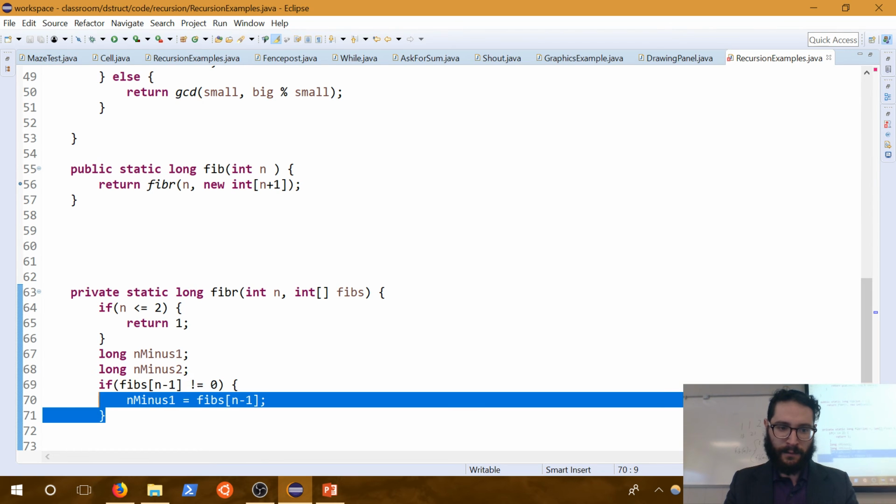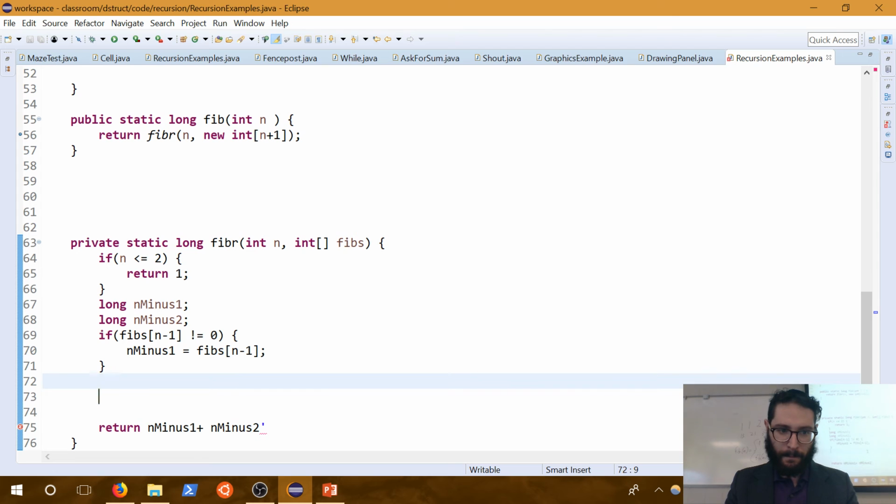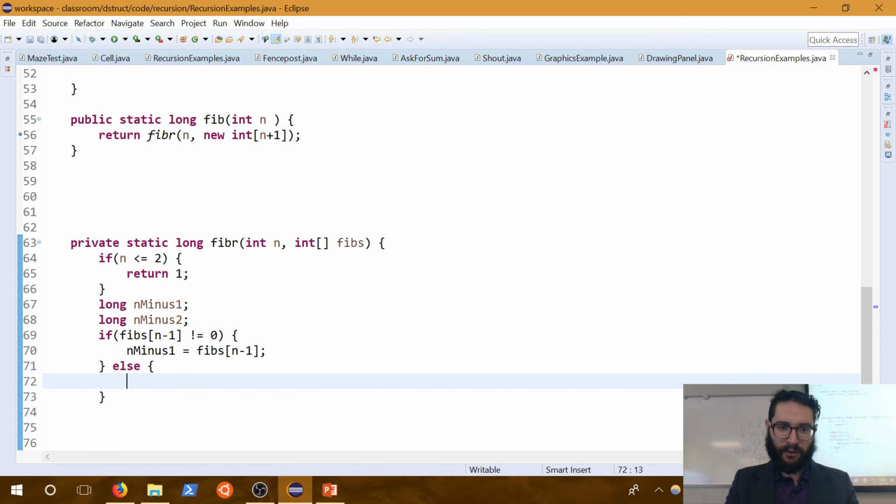Otherwise, else we actually have to calculate it. So we're going to say n minus 1 is equal to fib of n minus 1.